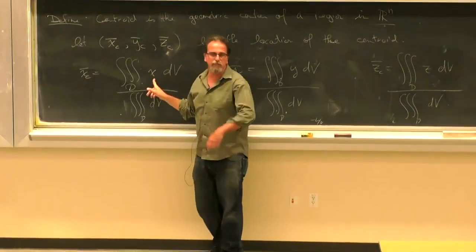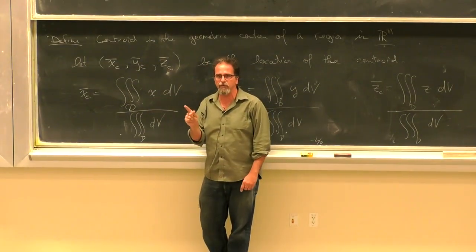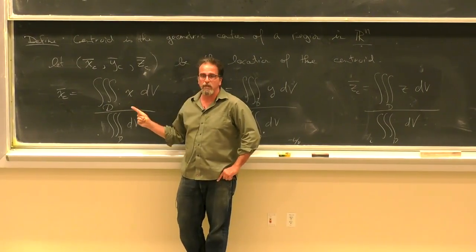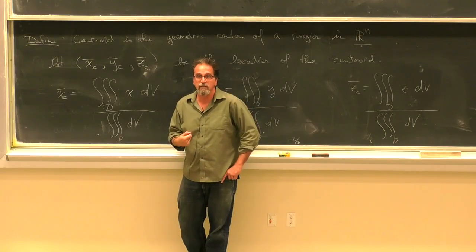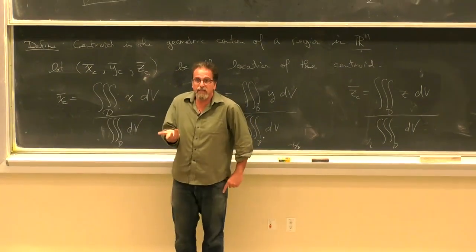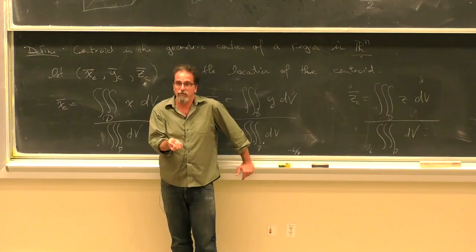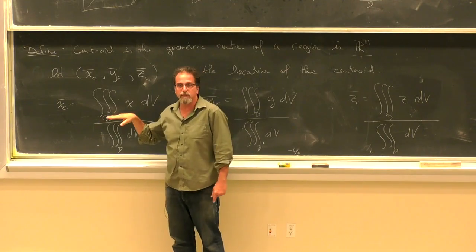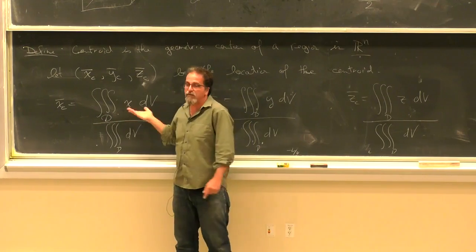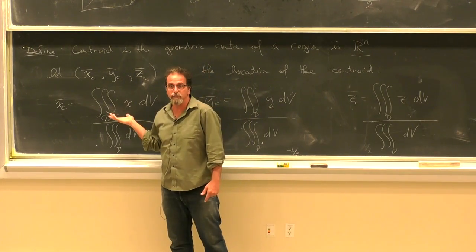I'm not averaging some general f of x. This particular function measures a particular property. It measures the x component of where that point is. So yeah, it's related to the average, but it's a particular type of average. And that's what I'm trying to emphasize. It's a very simple function to calculate.